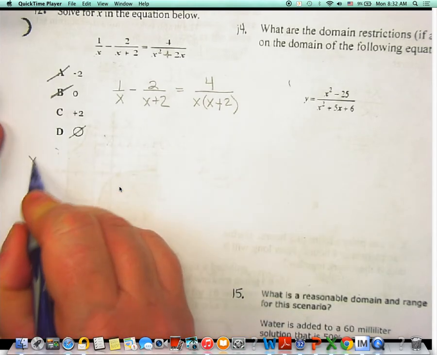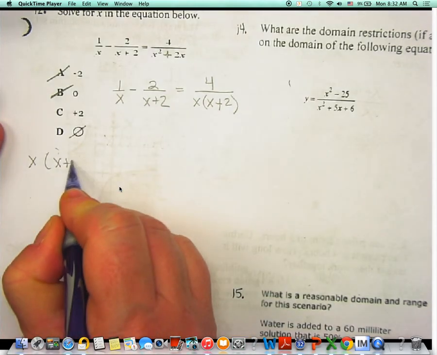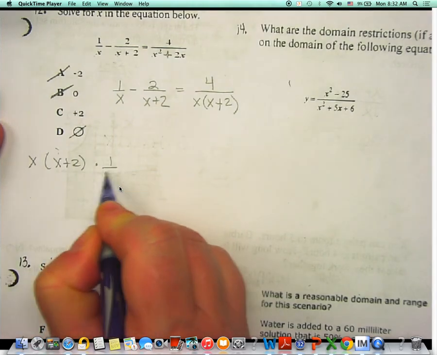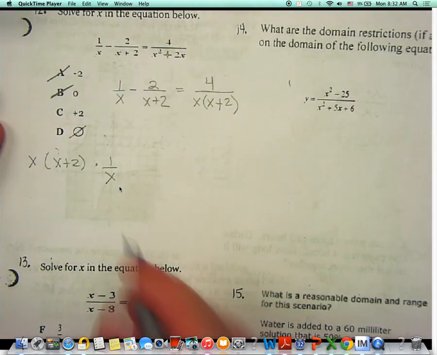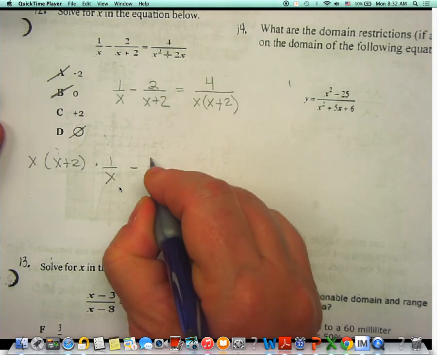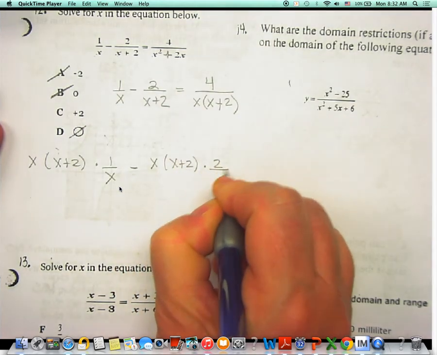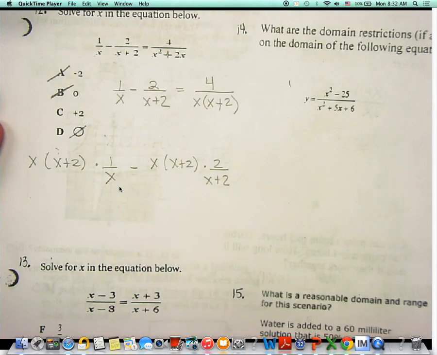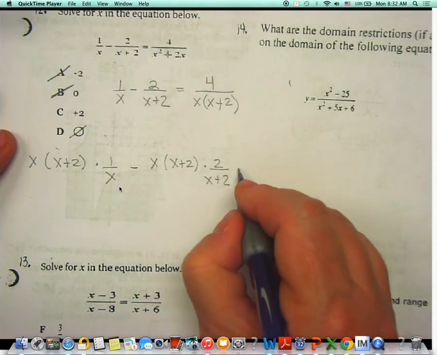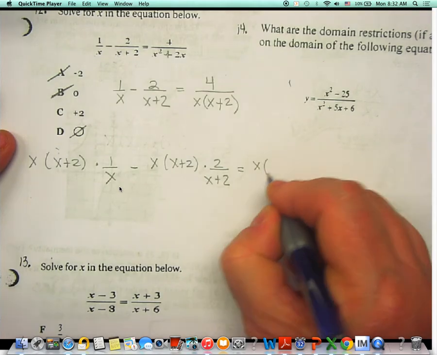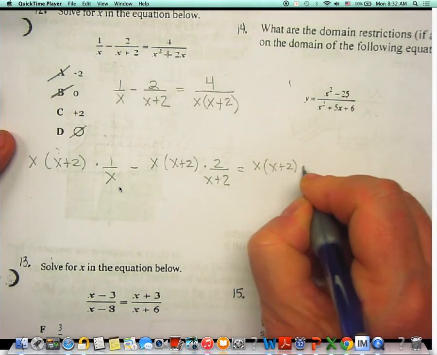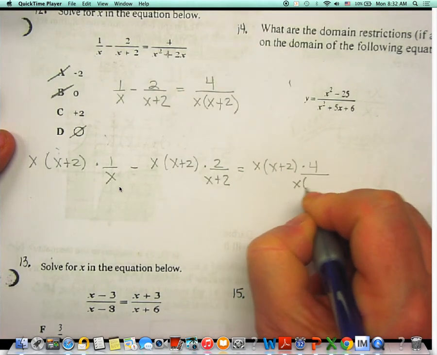So we're going to have x parentheses x plus 2 times 1 over x, then minus x parentheses x plus 2 times 2 over x plus 2, equals x parentheses x plus 2 times 4 over x times x plus 2.